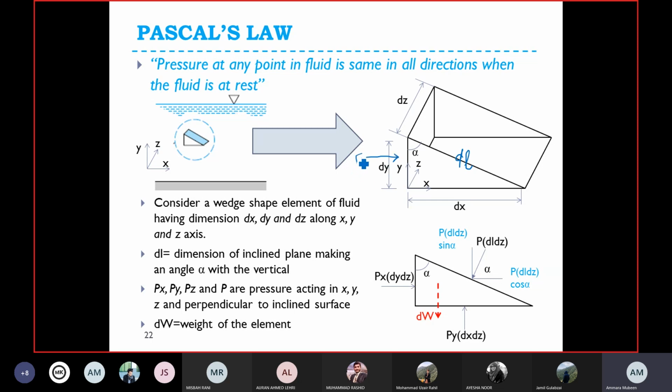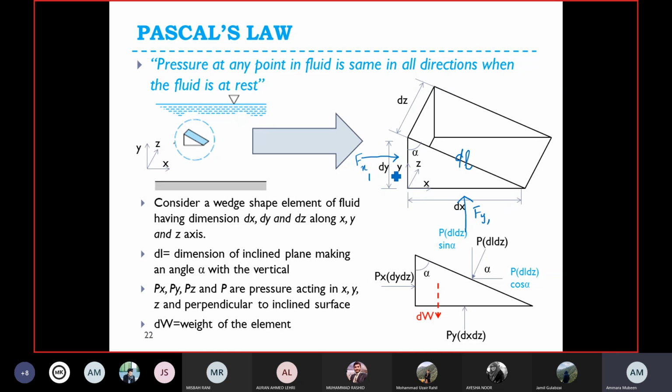So I say that it is Fx1, and the force on the y-axis due to the pressure would be Fy1. If Fx1 is the force on this side, and Fy1 is the force normal to this side, then what about pressure?